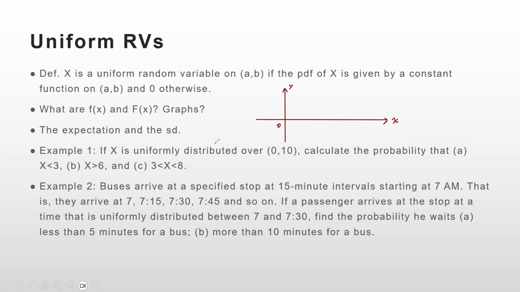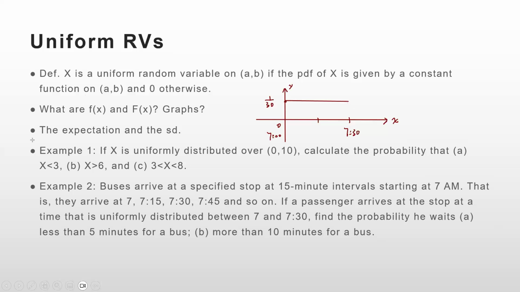Let's treat the origin as 7 a.m., and I have 7:30 a.m. And the density could be 1 out of 30. I think it should be totally fine. Okay, 1 out of 30 because you treat minutes as the unit. So you have a 30-minute interval, so the density is 1 out of 30. Okay, so I'm going to draw something like this.